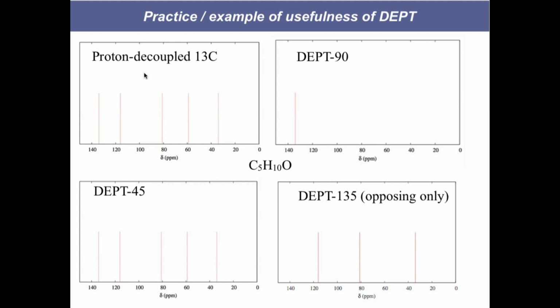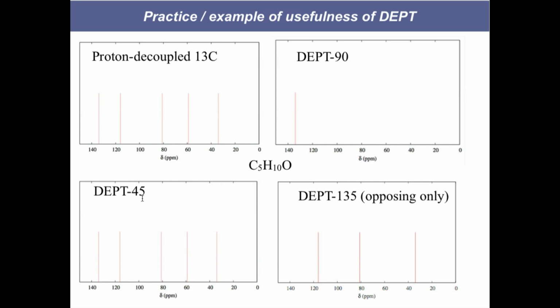That just means that the couplings between the carbons and the hydrogens that would make our spectra very complicated have been removed. We call that proton decoupled. So we've got decoupled C13, and we see we've got 5 peaks: 1, 2, 3, 4, 5. Those are our 5 carbons. They are all in unique chemical environments, so we have no symmetry.